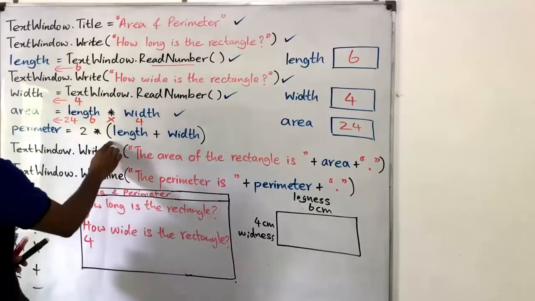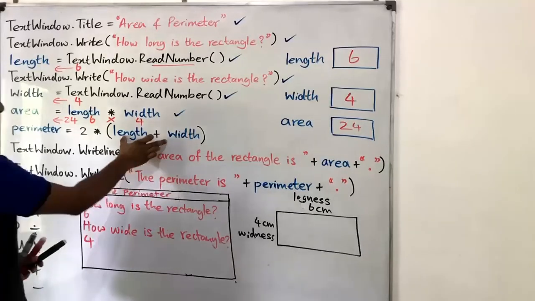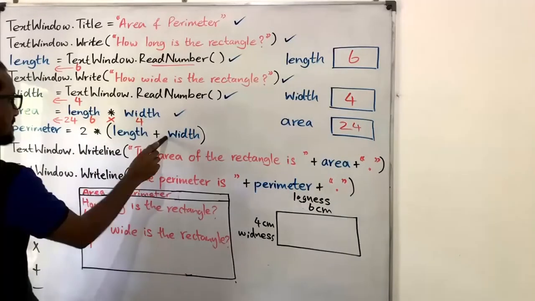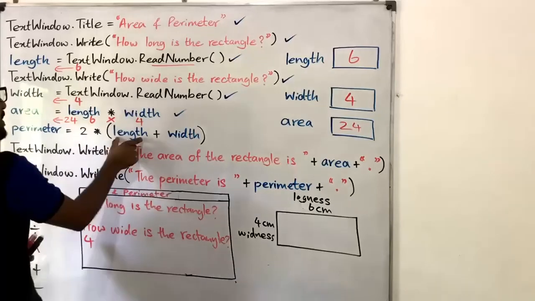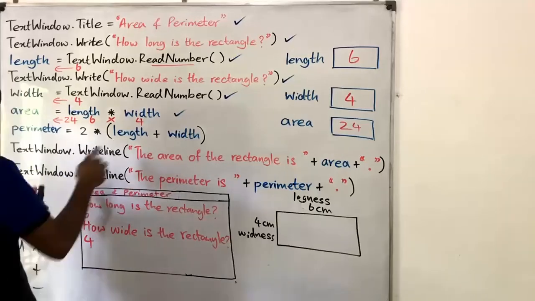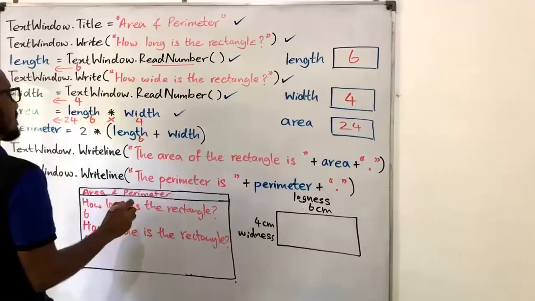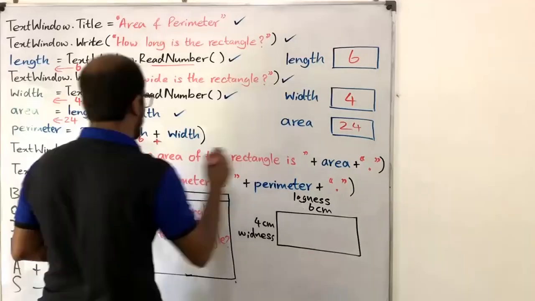It means we should first solve the expression inside the bracket, and then move to the other operations. So here the variable length is added to the variable width. What is the value of the length? 6 is added to the value of the variable width, 4. So 6 plus 4 means 10.